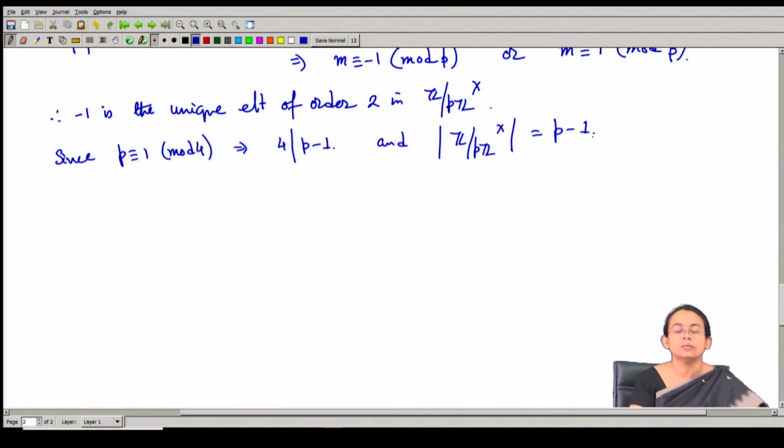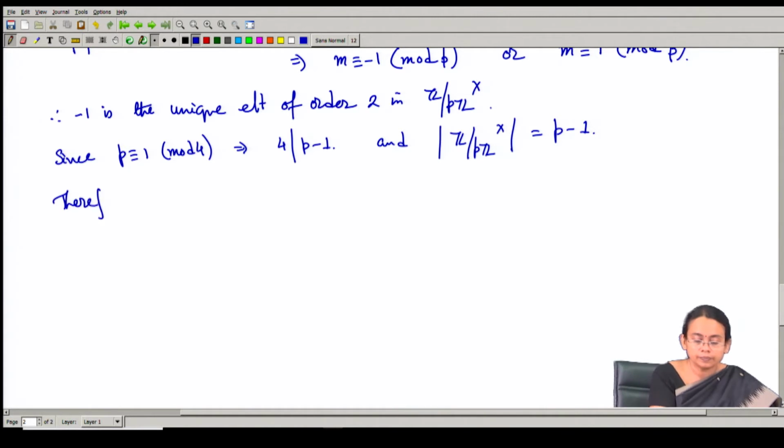Then what do we know by Sylow's theorem? Sylow's theorem says that 2 divides p minus 1. So it will have subgroups of order 2 to the power k. Therefore, we can conclude that this will have a subgroup of order 4, since 4 divides p minus 1.